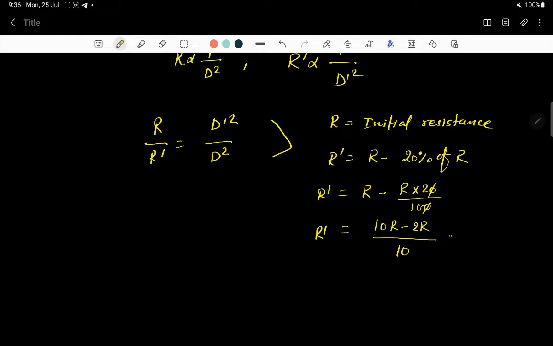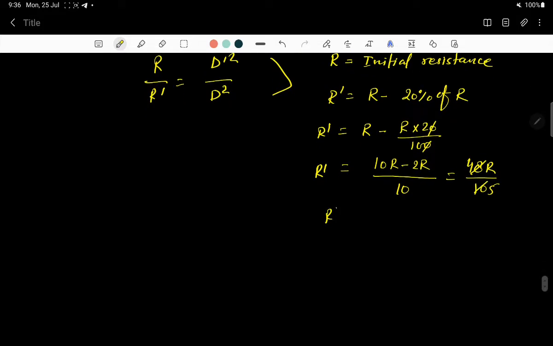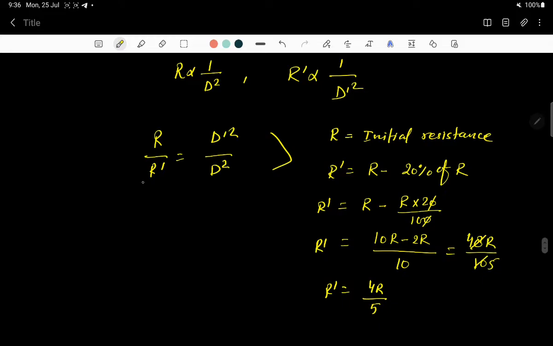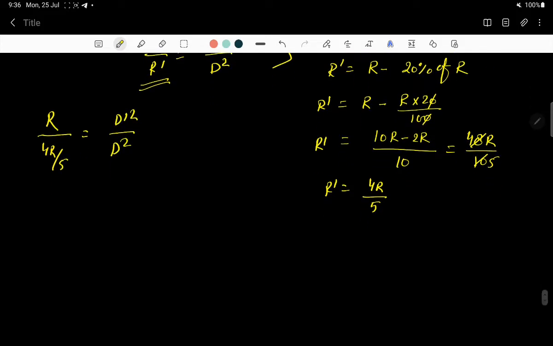So it is 8R upon 10, and R dash is equal to 4R upon 5. Put this value of R dash here. So we get R upon 4R upon 5 is equal to d dash squared upon d squared.